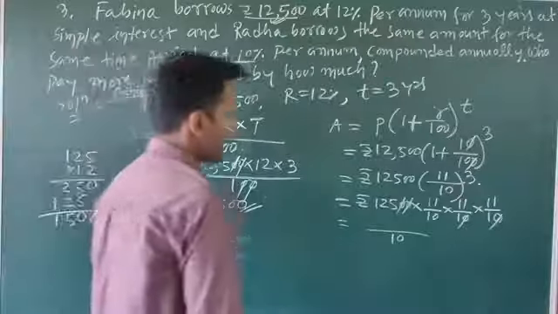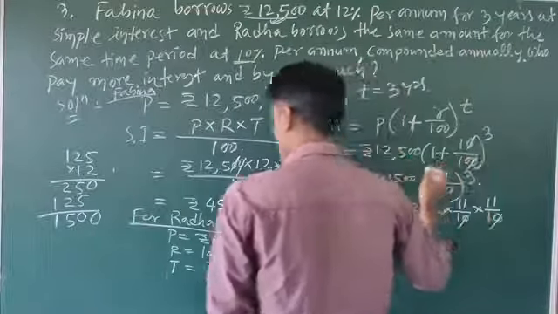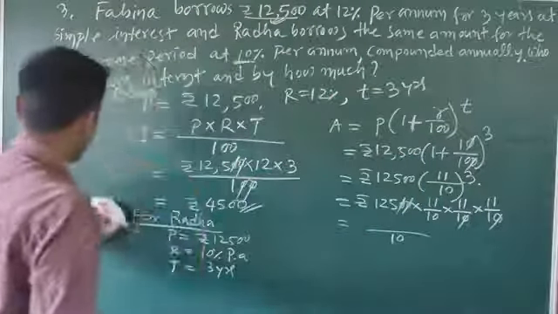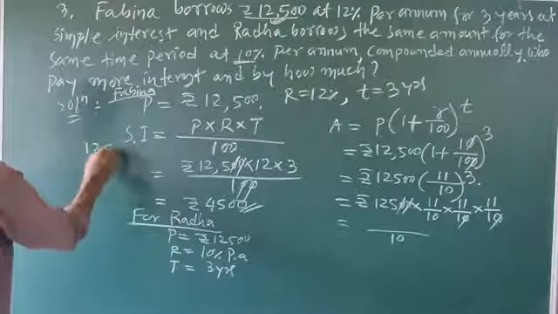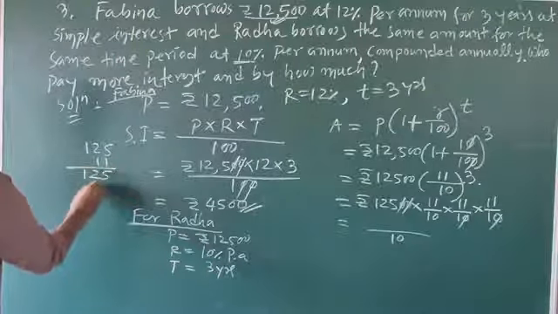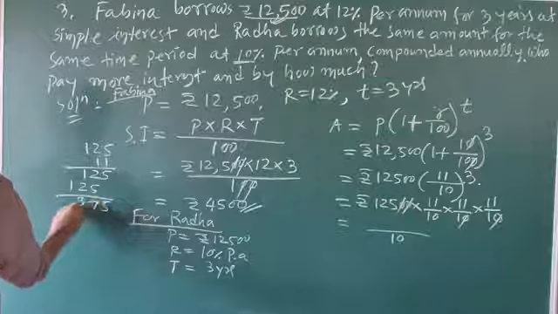125 into 11. First you do multiply. 125 into 11 gives 1375.